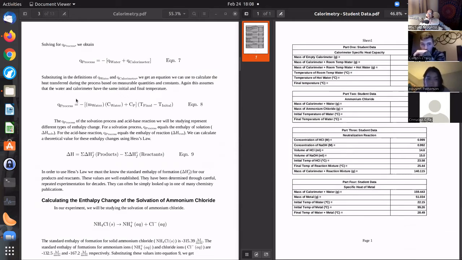We're going to make sure that we apply this negative sign here to Q process so that we get the right sign for the whole thing, right? Because this should be a negative or a positive thing if it's endothermic, the way we're defining it. Negative. No, good guess.